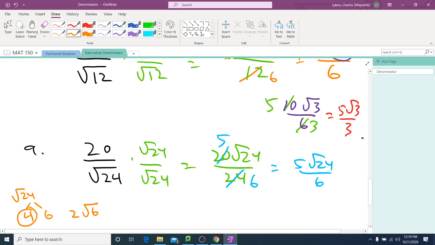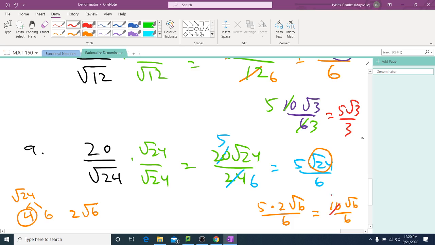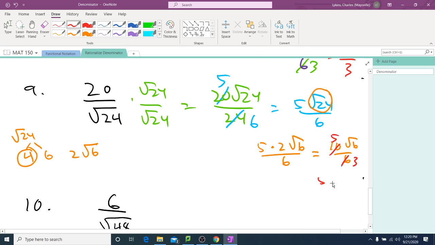So now I'm going to replace this right here by, so I'm going to multiply that by, say, 2 square root of 6 over 6, which now gives me 10 square root of 6 over 6. And I know 2 goes into both 10 and 6. So my answer is 5 square root of 6 over 3.